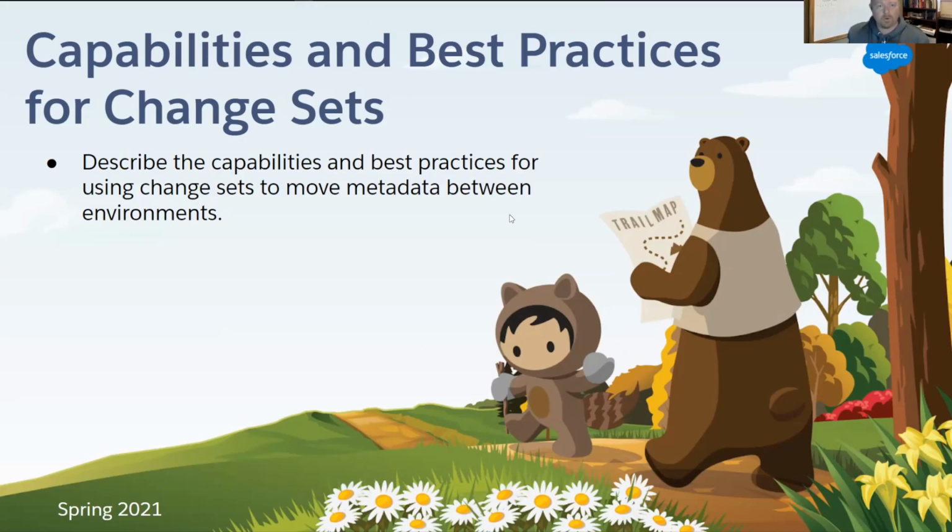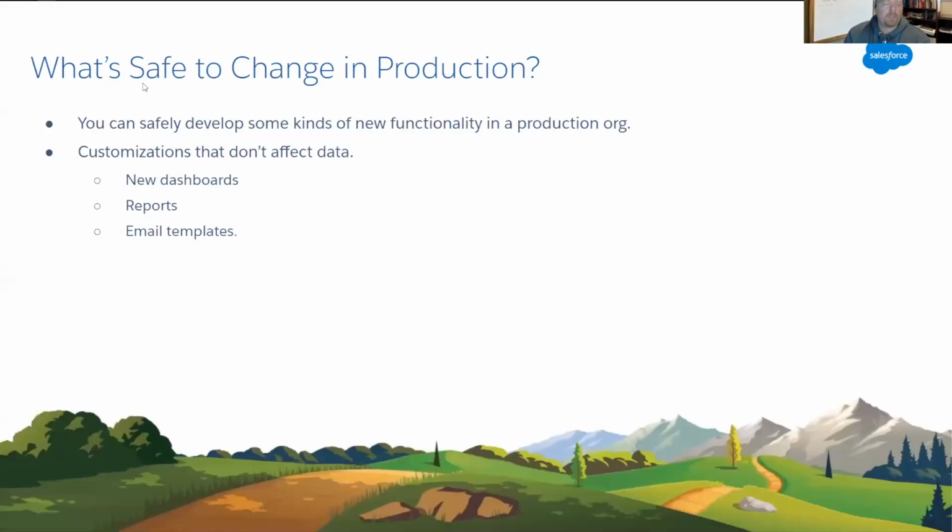So this is more overall, big picture best practices is what I'm focusing on here. If you think about what you're going to change in a Salesforce environment, there are some things that are safe to change in the production system. For example, dashboards and reports.